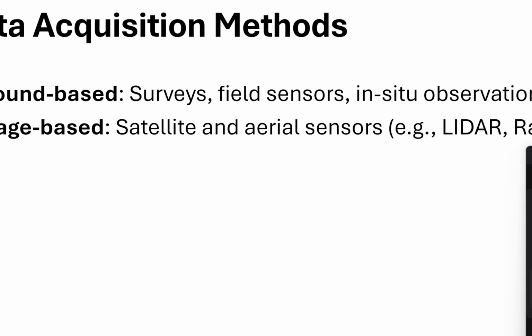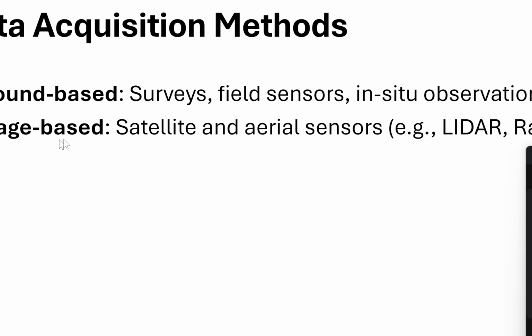Okay, so now we'll move on to data acquisition methods. So how can we get data? Like we are plotting or looking at some data, but how are we getting this data? There are some ground-based data sets, where you go to the field, do a survey, take some field sensors or collect in situ observations.